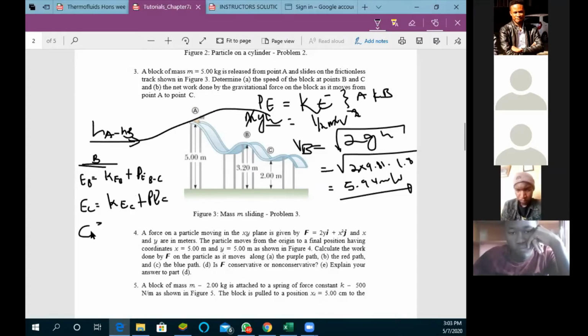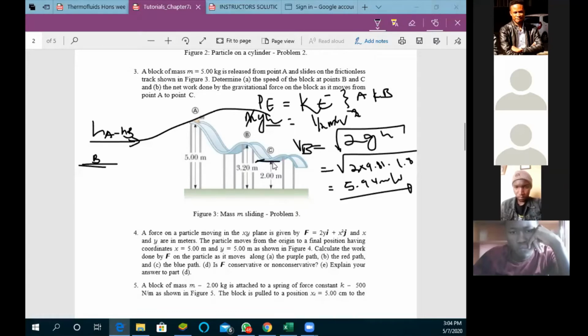So energy at B. Okay, this is a long way. Let me just take a short way here because it's kind of long. So we're taking point C as a reference point, as a datum line, which means the height is considered to be 0 here. Z is equal to 0. And then this is the height difference.